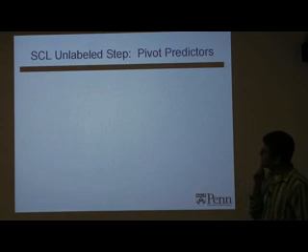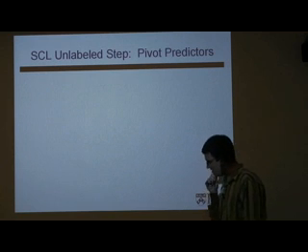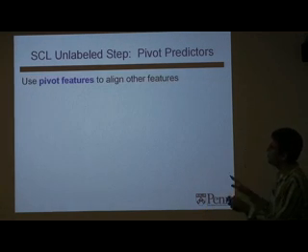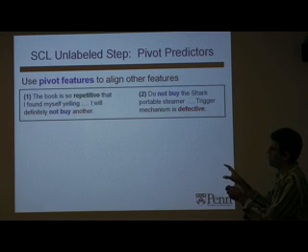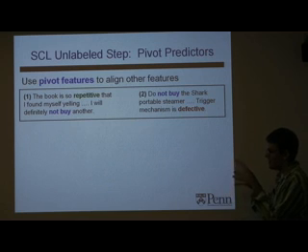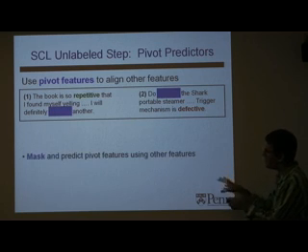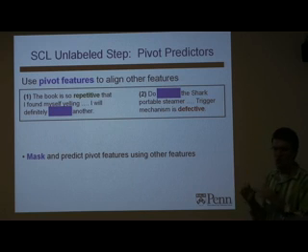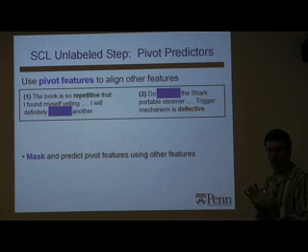So how are we going to actually do this? Well, the idea behind the pivots is just to use them to align other features. If we go back to our first example with "not by," the idea here is that we're just going to cover up "not by," mask it, and use the pivot features to predict the presence or absence of "not by" in this particular example, right?